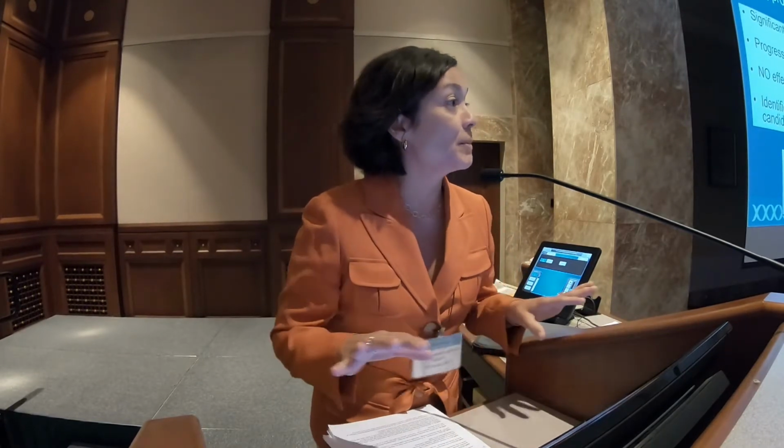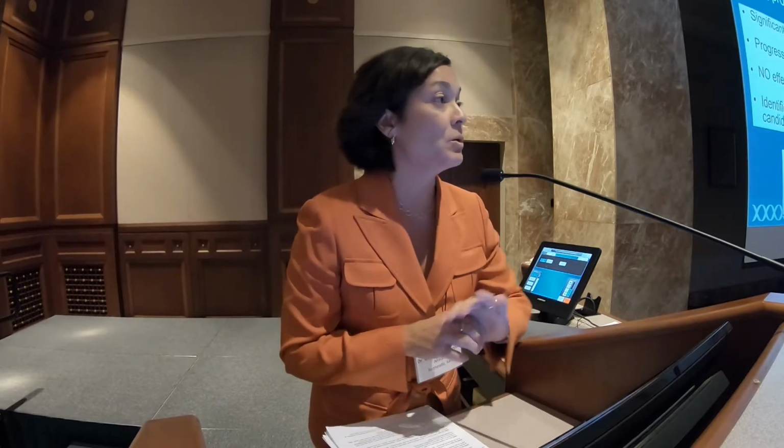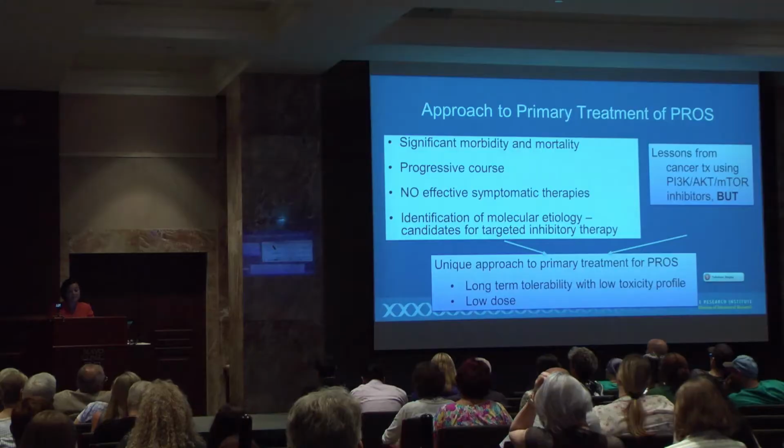And we have a lot of lessons that we can borrow from our oncology colleagues that are treating these disorders for cancer. The dysregulation of this particular pathway, these genes, has been well known in oncology to cause different types of cancers, and so there's been a push to develop drugs that inhibit the action of these genes.